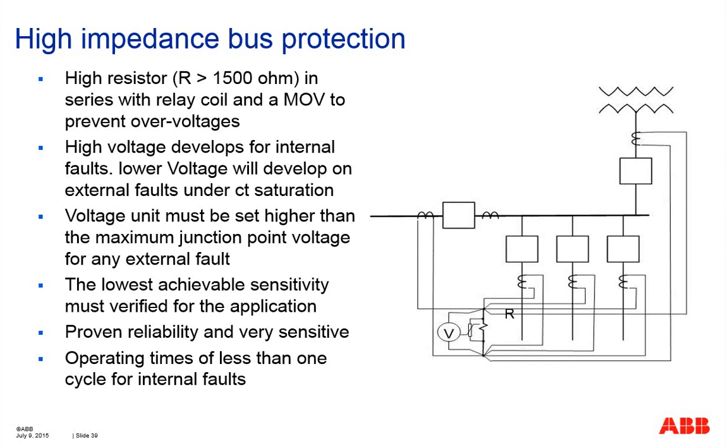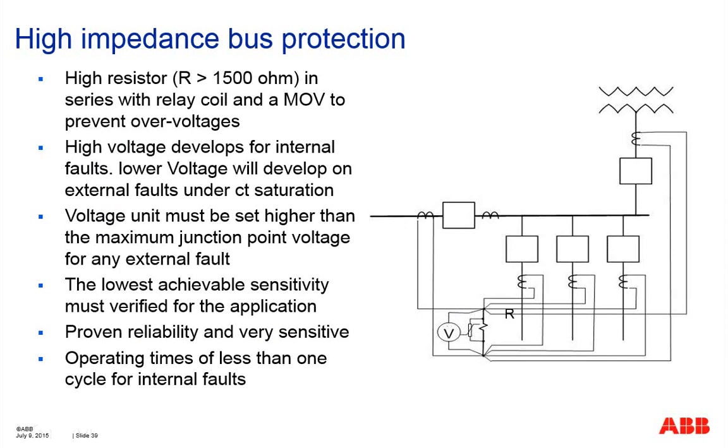It doesn't show it here in this drawing, but this is your relay winding. You have a huge resistor here, and then to protect against over voltage, you typically have a MOV to limit the over voltage. And how the relay operates: instead of calculating the relay operating current, the relay really operates on the voltage. So this is really a voltage operated relay.